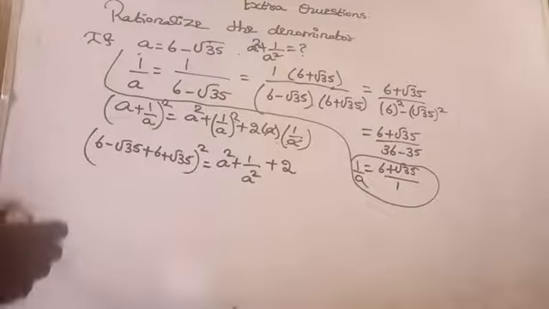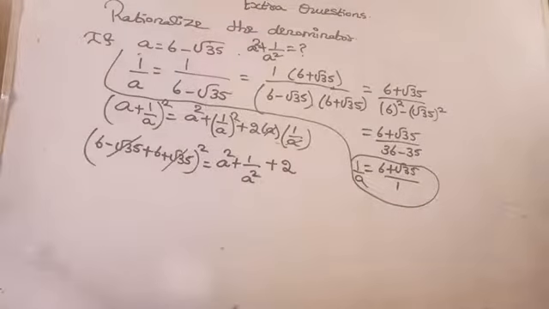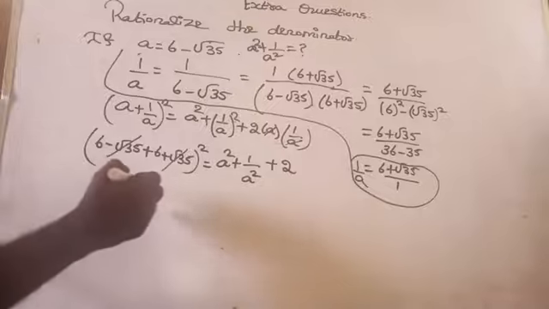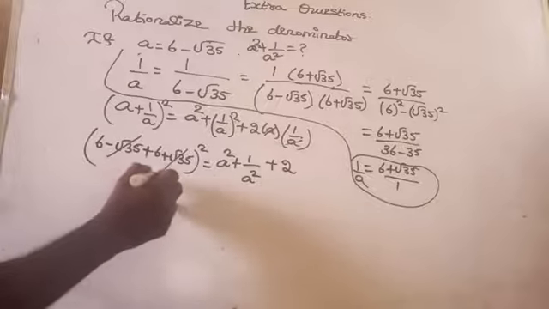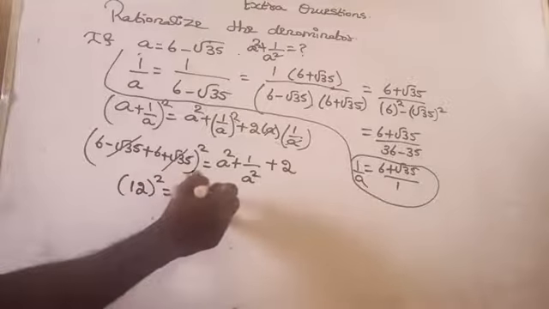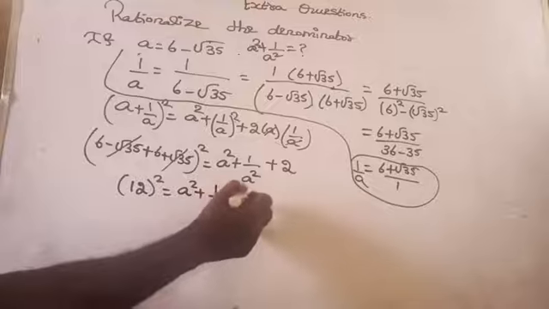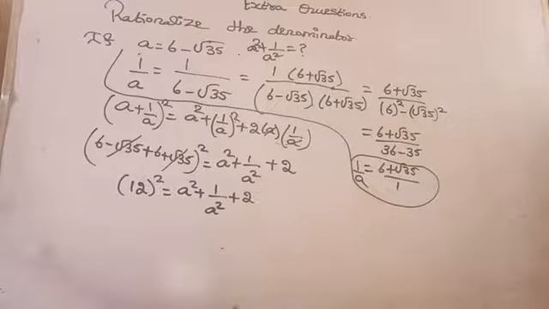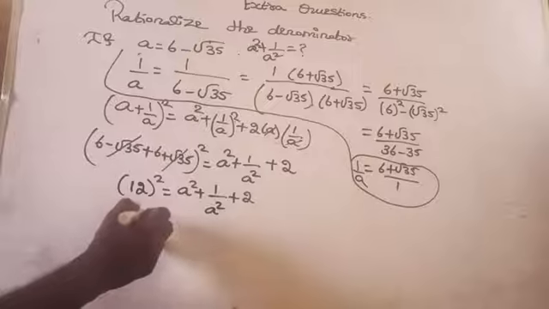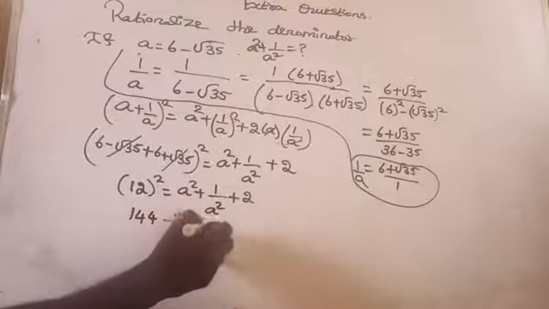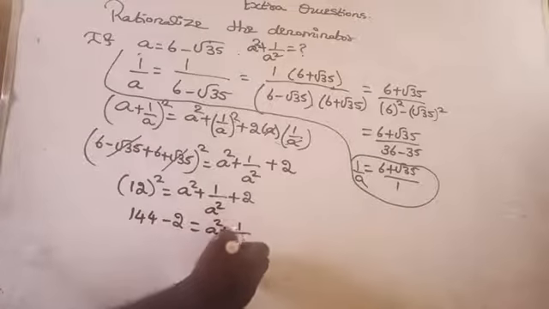Minus root 35 plus root 35 you can cancel. So 6 plus 6 is 12, the whole square, equal to a square plus 1 by a square plus 2. 12 square is nothing but 144, minus 2, equal to a square plus 1 by a square.